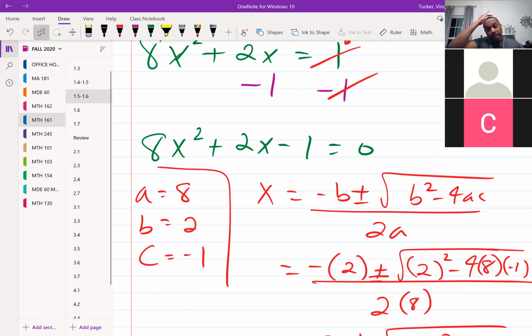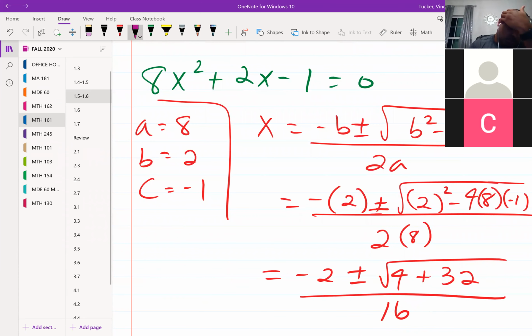All right, so we have negative b plus or minus the square root of b squared minus 4ac over 2a. So always make sure you hold true to what you're plugging in. Make sure you don't lose negatives and all that stuff. So we have a minus for that negative, and then we have 2. So I'll plug in 2 here. Plus or minus 2 squared minus 4 times 8 times -1 over 2 times 8.